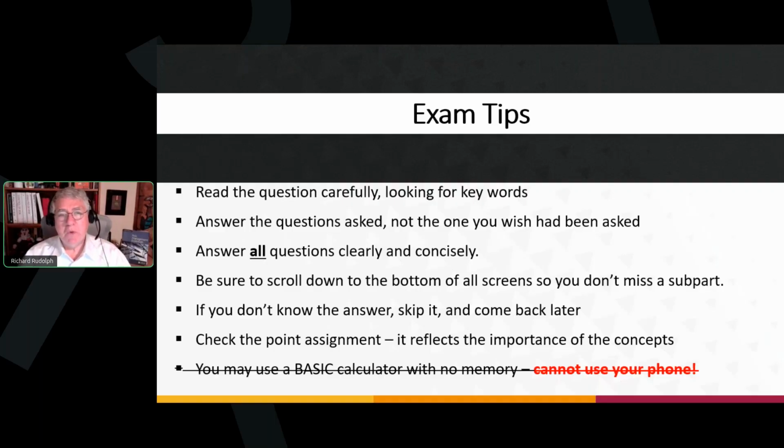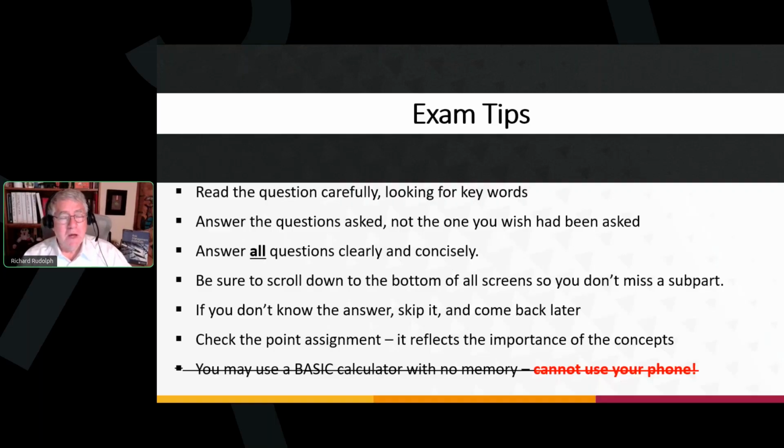Scoring wise, you don't lose points for wrong answers, you gain points for correct answers. So leaving a blank is 0 points. Putting down just a wrong answer doesn't cost you any points. If I want 3 things and you put down 2 that are right, you get credit for the 2. You don't lose more points for the 3rd one, you just don't gain the points.